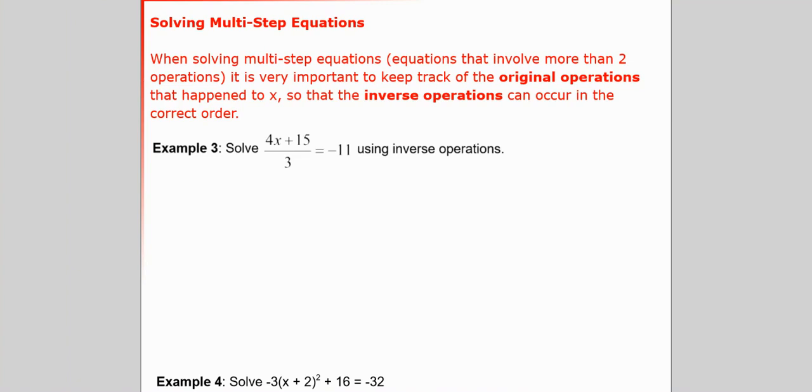All right, so why don't we, like we did when we started this, we talked about layers and what's happening to, what are the functions happening to the x. Well, the first thing that's closest to the x is it's being multiplied by 4. The next thing closest to the x is it's being added by 15.